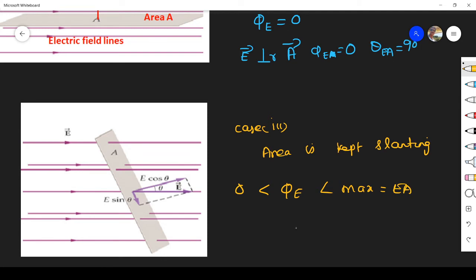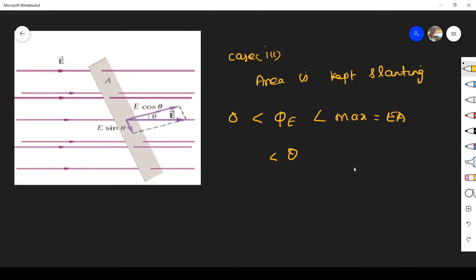Right? So what is the angle between E and A? If the surface is perpendicular, the angle between E and A is 0 degrees.